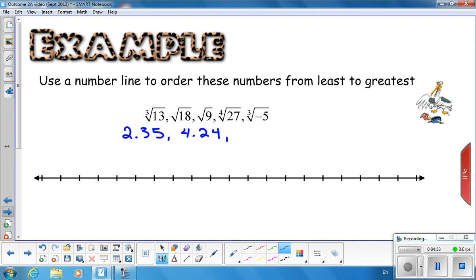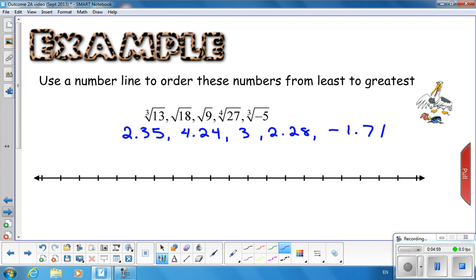The square root of 9 is going to be 3. The fourth root of 27 is 2.28. And the cube root of -5 is -1.71.